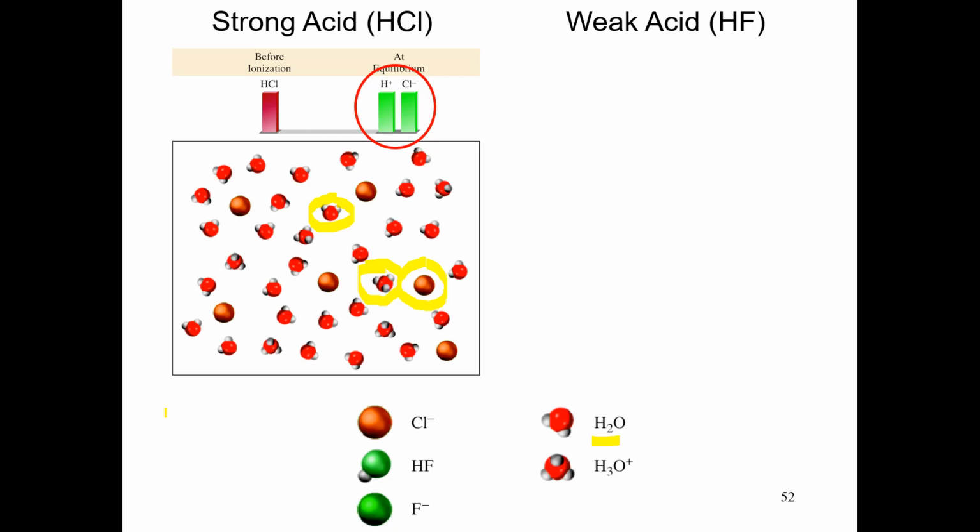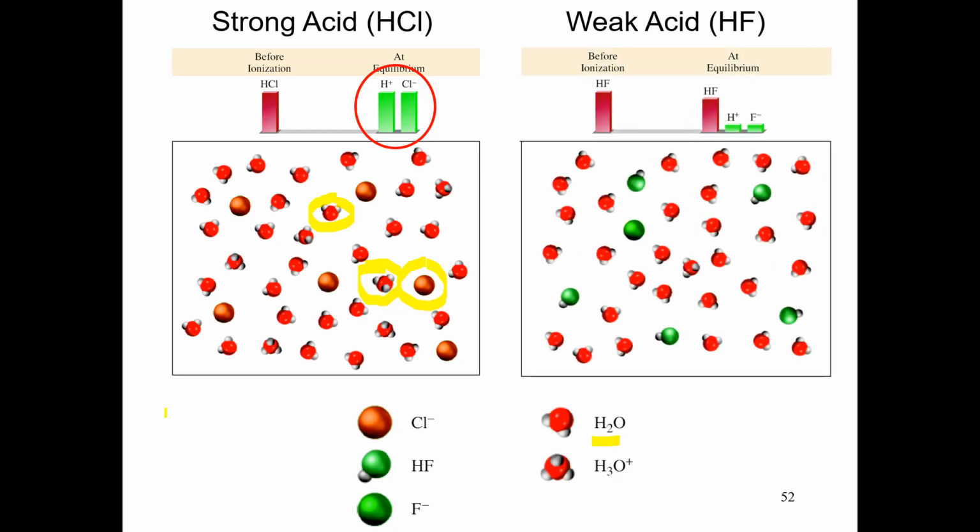Now let's do this with a weak acid. Let's take hydrofluoric acid. And you can see here that before ionization, of course, you have the molecules of HF. And at equilibrium, what you find is that you look at the picture here, you have a few fluoride ions. I see one here. And then you have a few hydronium ions.